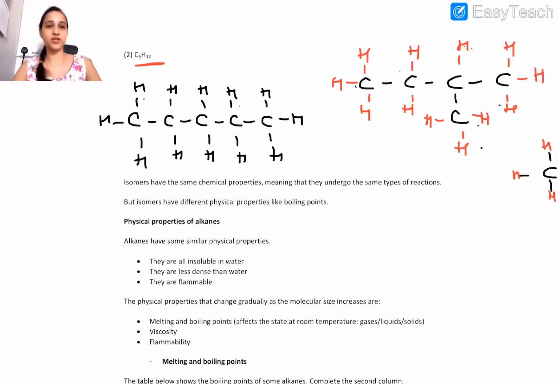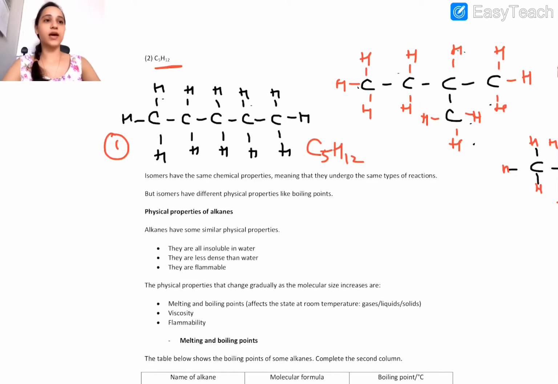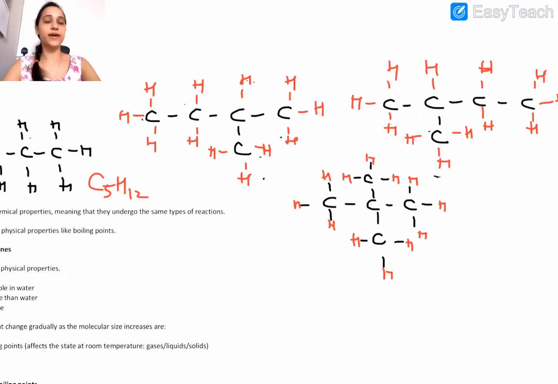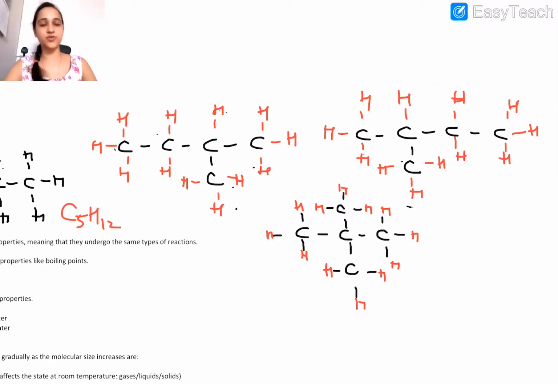So C5H12, one way is having all the carbons next to each other, so they are all in line. So that's the first one, C5H12. Then we have the second one where I took the longest chain to be of 4 carbons, so carbon 1, 2, 3, 4.